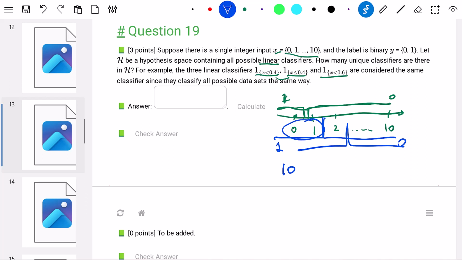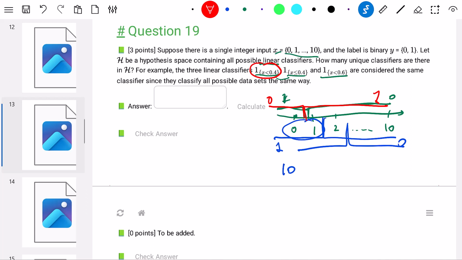However, this is actually different from if we flip the sign. For example, if we say anything larger than 0.4 is class 1, so everything there is class 1 and everything to the left is class 0. Note that this classifier is different from the one we have here, and also different from all the other ones that we included, because for all the other ones, 1 is on the left and 0 is on the right.